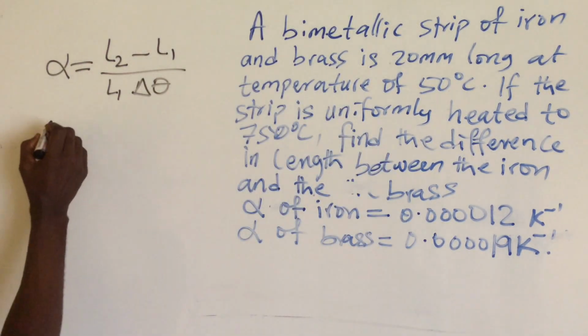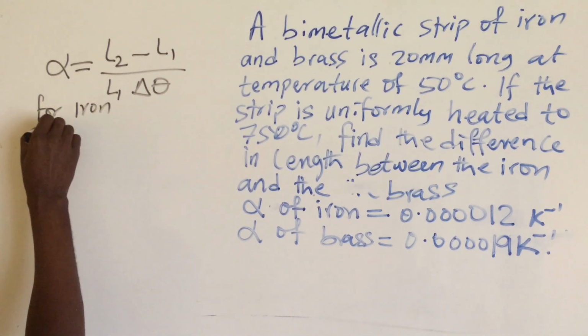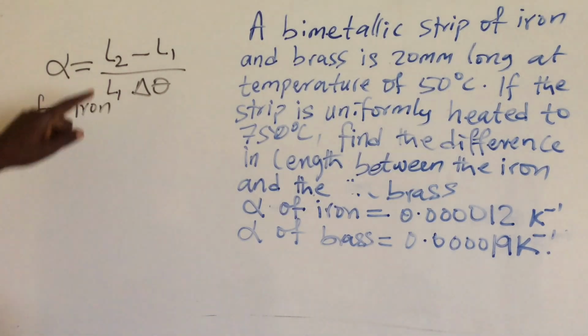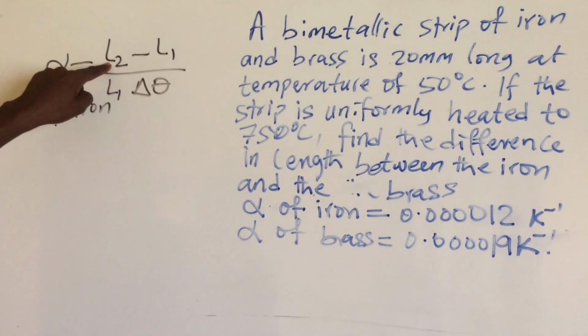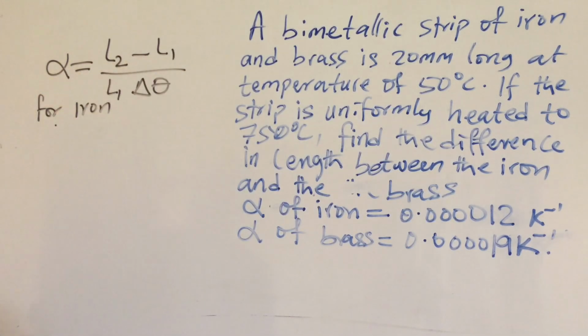Now, for the iron, the alpha. Now we need L2, that is the increase in length, okay? We need L2 minus L1, okay?